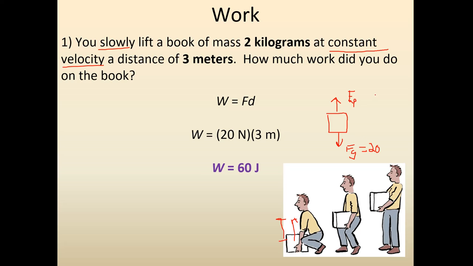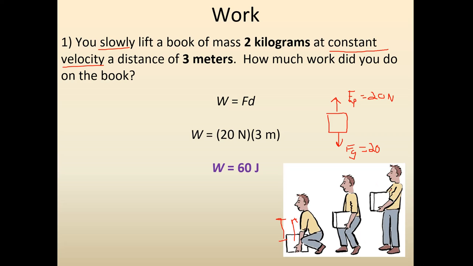And because it's constant velocity, I know that these forces have to be balanced, so this also has to be 20. Now, as far as why slowly matters, that basically means that over this 3 meters, the applied force is essentially, on average, 20 newtons. If you want to get technical, if you want to get very specific, there's a brief moment in the very beginning where the person does have to apply a force that's slightly greater than 20.